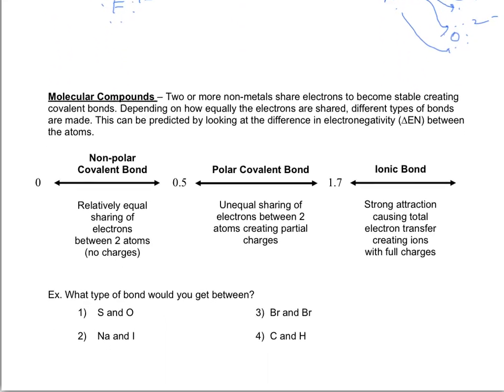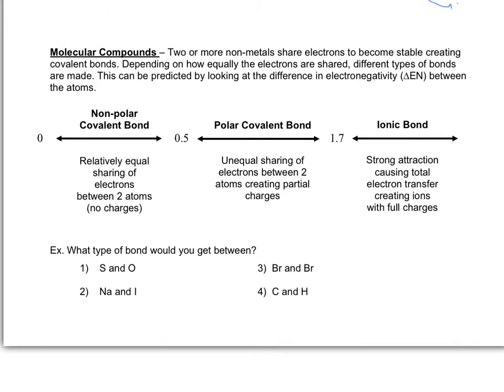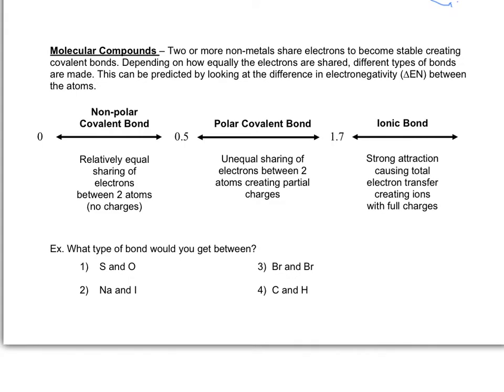Molecular compounds are 2 or more nonmetals that share electrons to become stable. This is known as creating covalent bonds. Depending on how equally the electrons are shared, different types of covalent bonds are made. This can be predicted by looking at the difference in the electronegativity values between the 2 atoms.